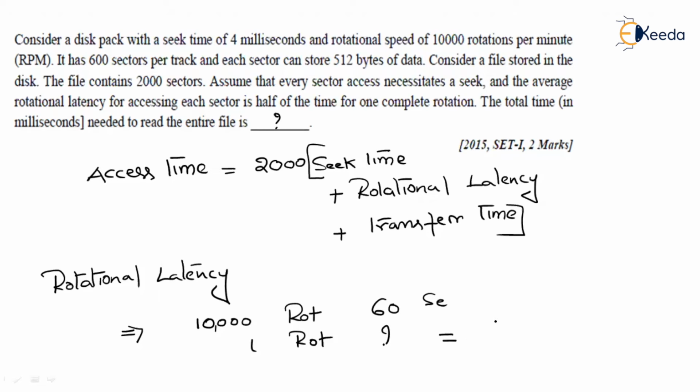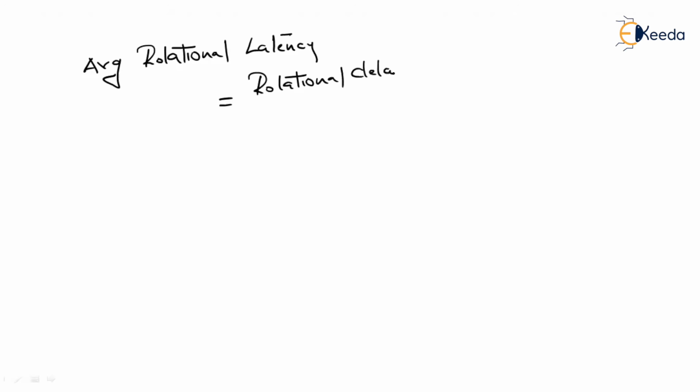So this will be equal to 6 milliseconds. And then average rotational latency is equal to actual rotational delay by 2, which is equal to 6 by 2, that is equal to 3 milliseconds.